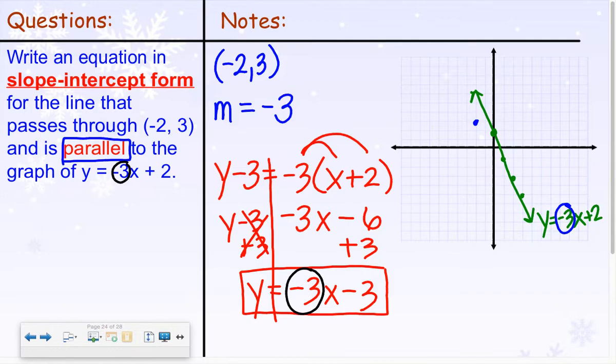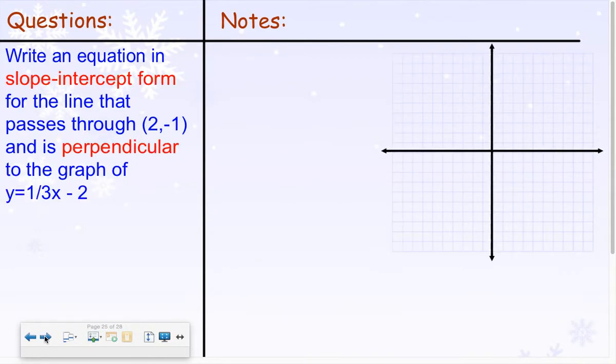And we can graph if we want to make sure it goes through that coordinate point, negative 2, 3. So rise negative 3, run 1. And we need to go backwards in order for it to go through our blue dot. But it does. There's a review of just parallel, and then we're going to review one final one with just perpendicular.